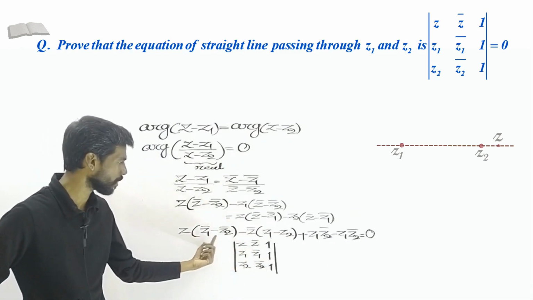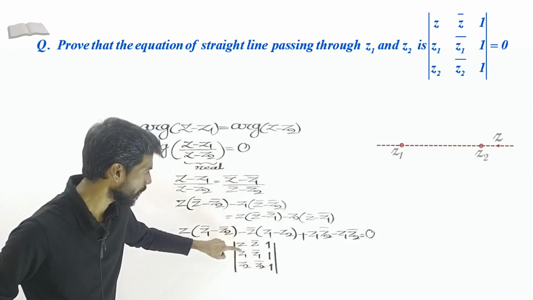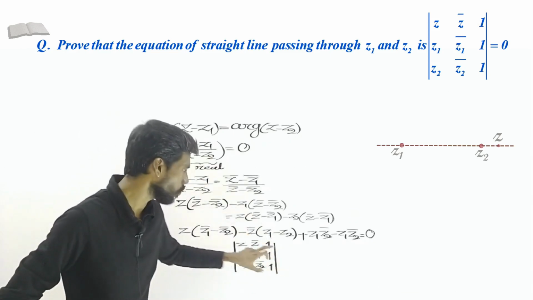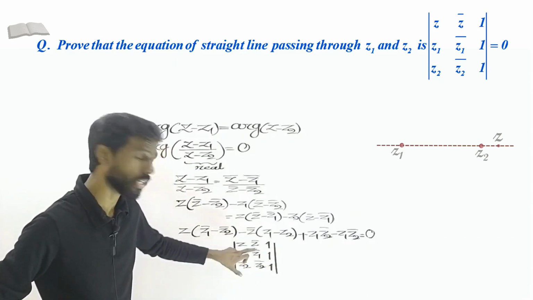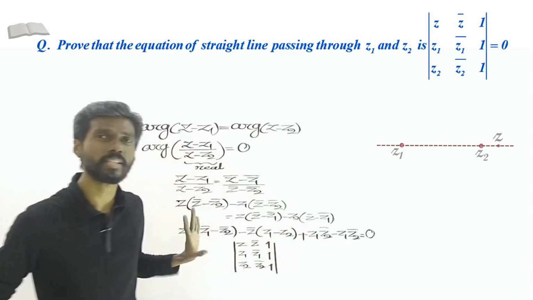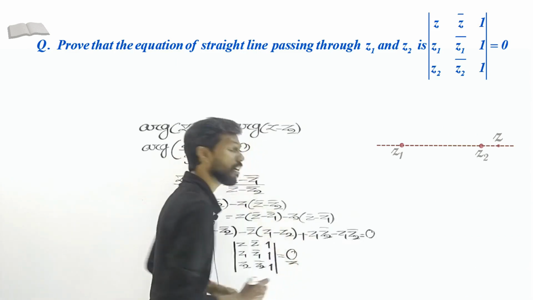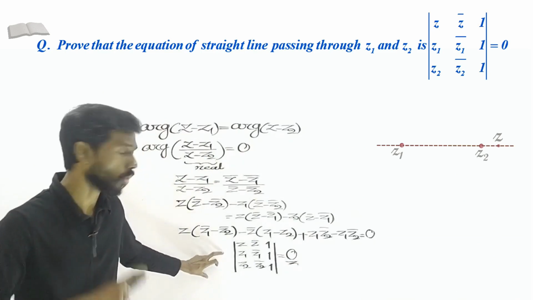Similarly, minus z bar multiplied by (z1 minus z2), and 1 multiplied by (z1 z2 bar minus z2 z1 bar). So this equals 0. That's all. So this is the equation of the straight line in complex form.